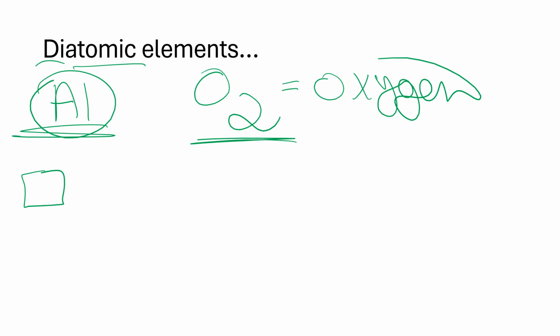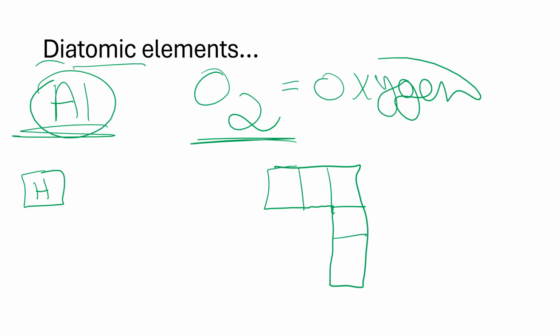And the diatomics, there's 7 of them, and I'll take it to my grave that this is a backward 7. There's 7 of them: hydrogen, and then the backward 7, nitrogen, oxygen, fluorine, chlorine, bromine, iodine.